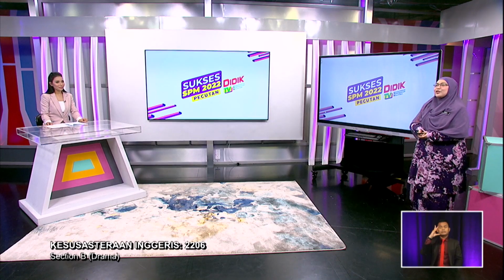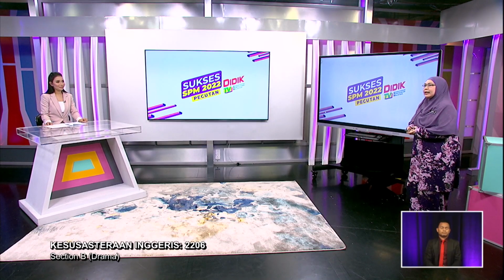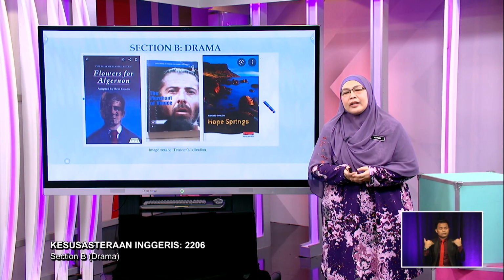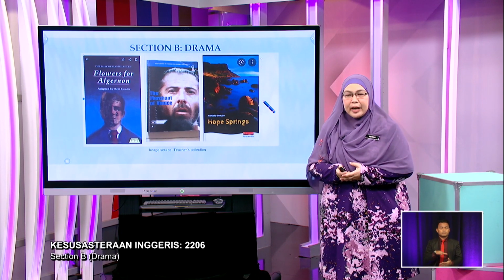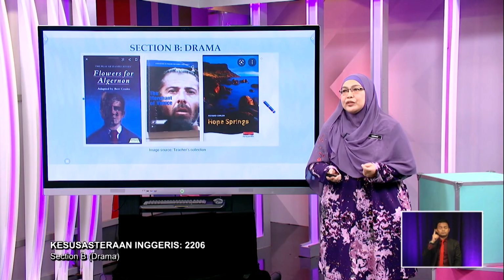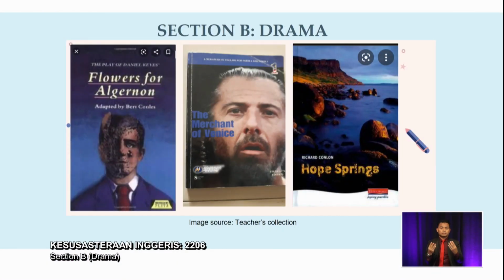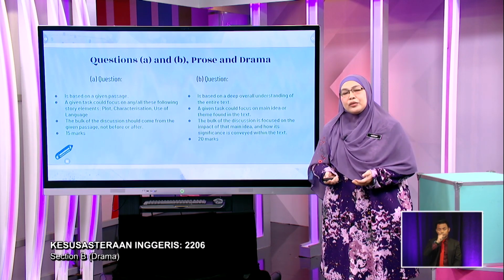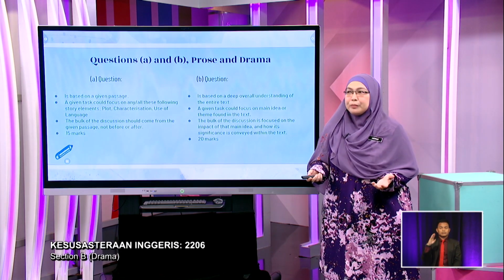All right, let's go. What we looked at earlier was prose, and now we're moving to drama. Candidates out there would have already identified and prepared thoroughly whether they are going to answer questions based on Flowers for Algernon, The Merchant of Venice, or Hope Springs. Now let's take a look at several reminders of what an A question and a B question could be like.